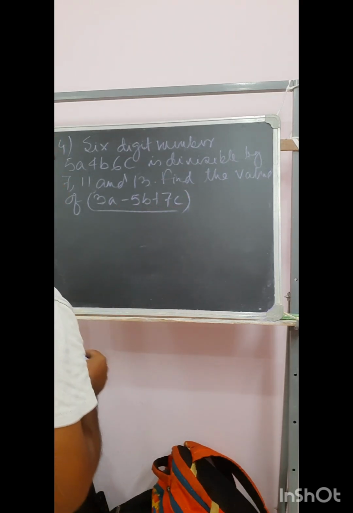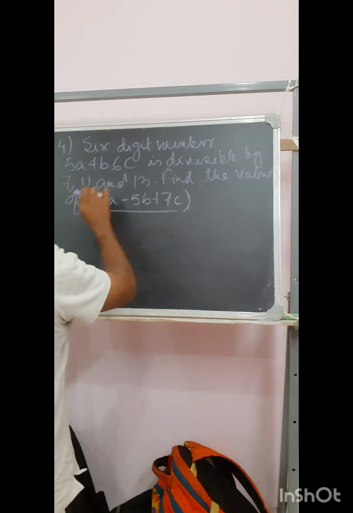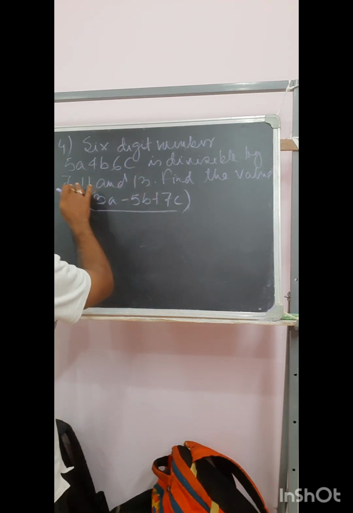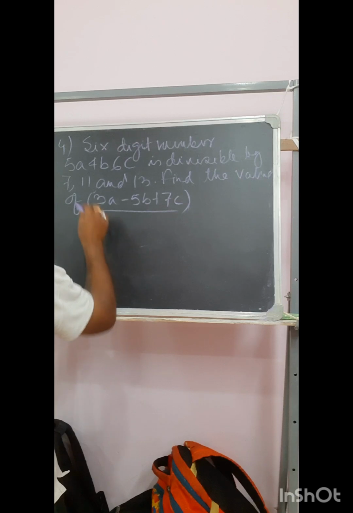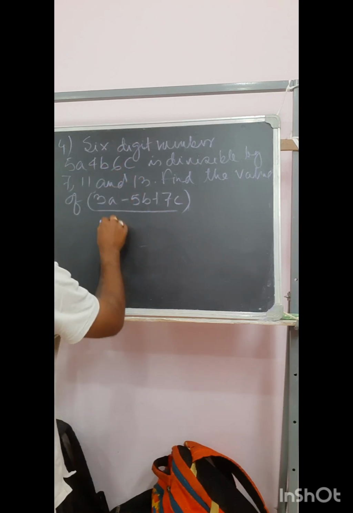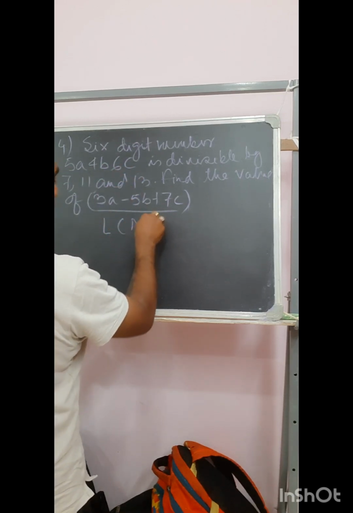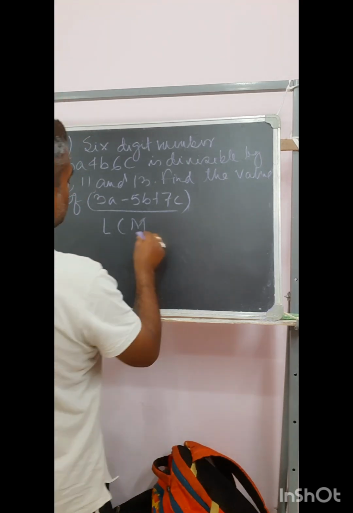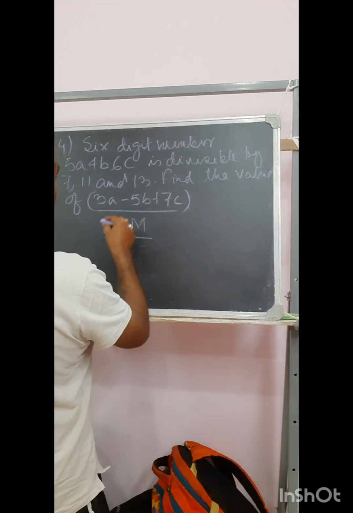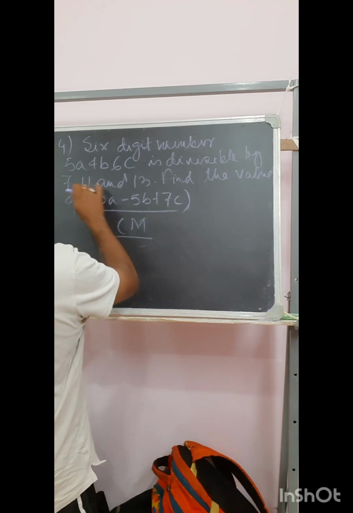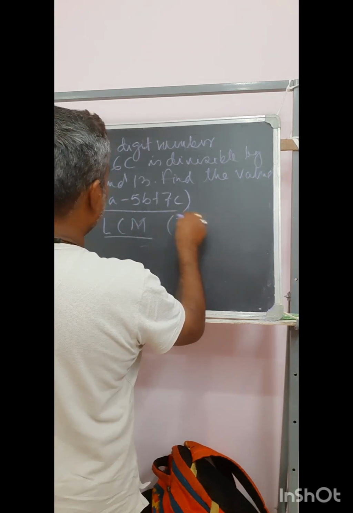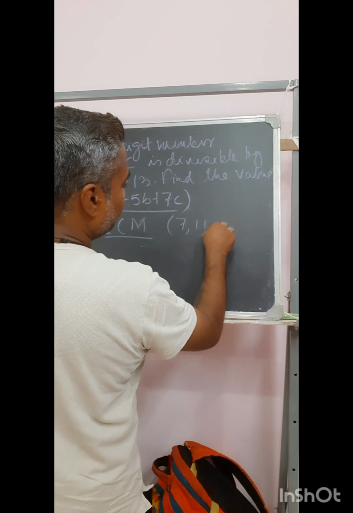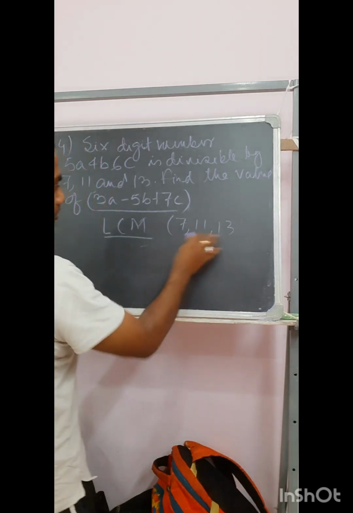So any number, if it is divisible by 7, 11, 13, must be divisible by their LCM. This is a very clear concept for everyone. Now 7, 11 and 13 are all prime numbers, so there is no need of doing LCM.